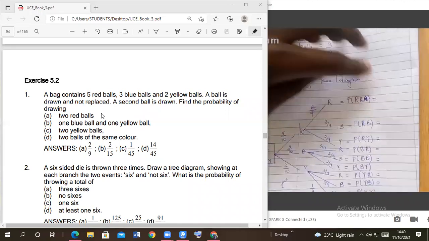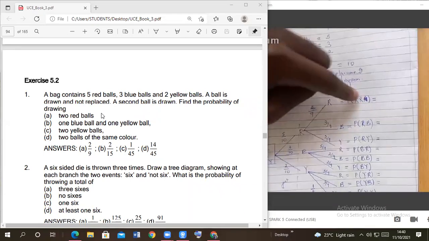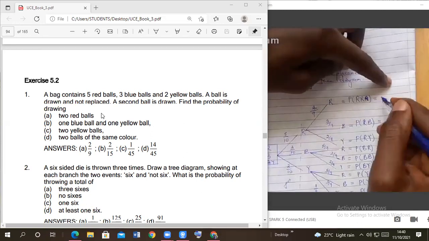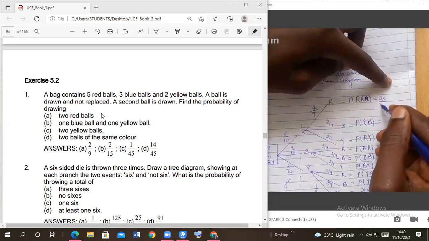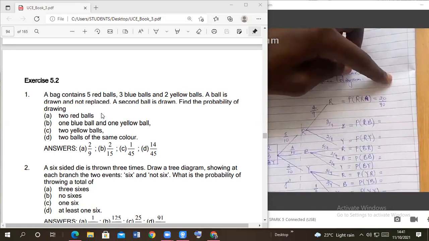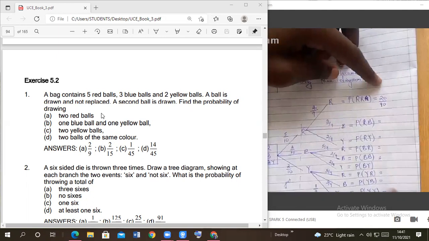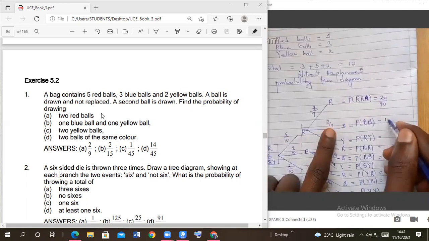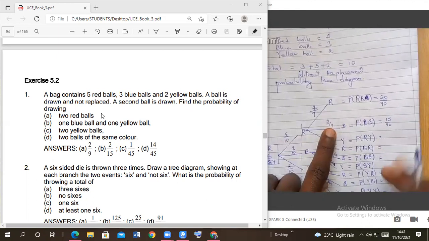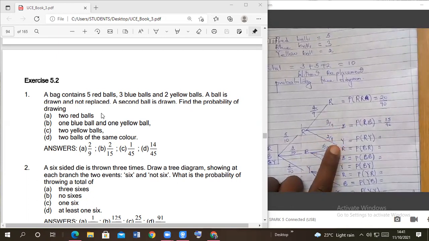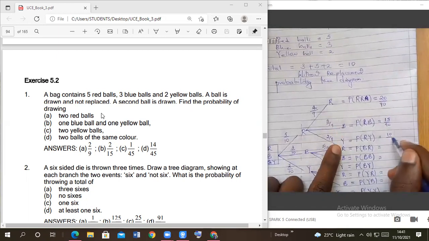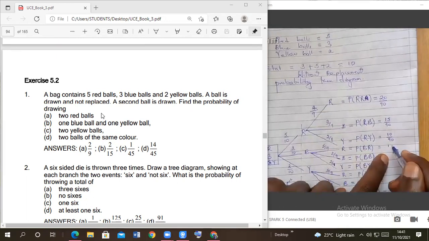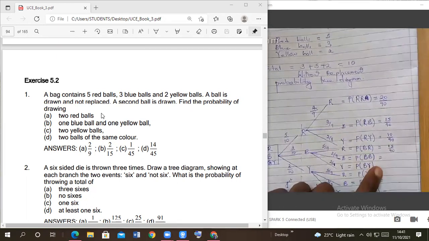Let's start multiplying the branch. Red and red will be 5 out of 10 times 4 out of 9. That one will give us 20 out of 90, not so? Then this one will give us 15 out of 90. This one will give us 10 out of 90. This one will give us 15 out of 90.